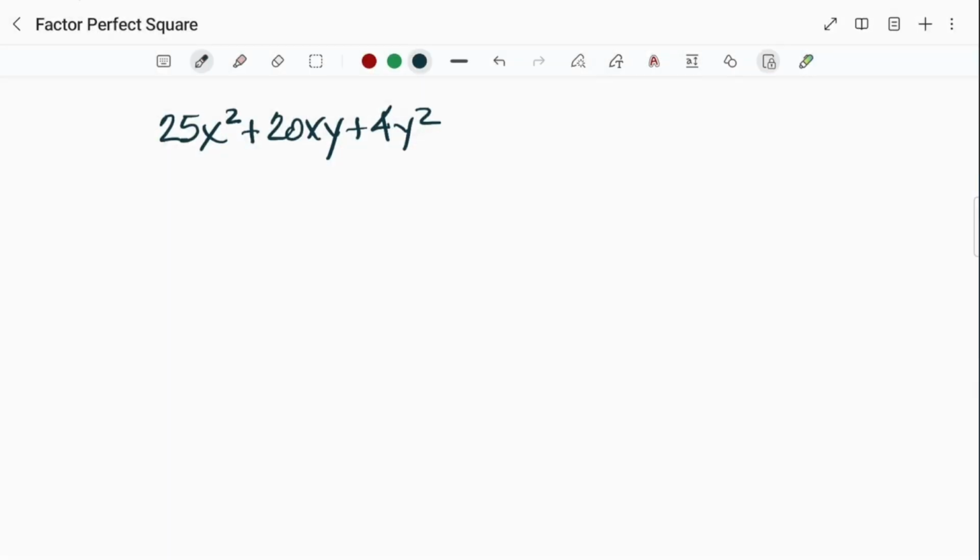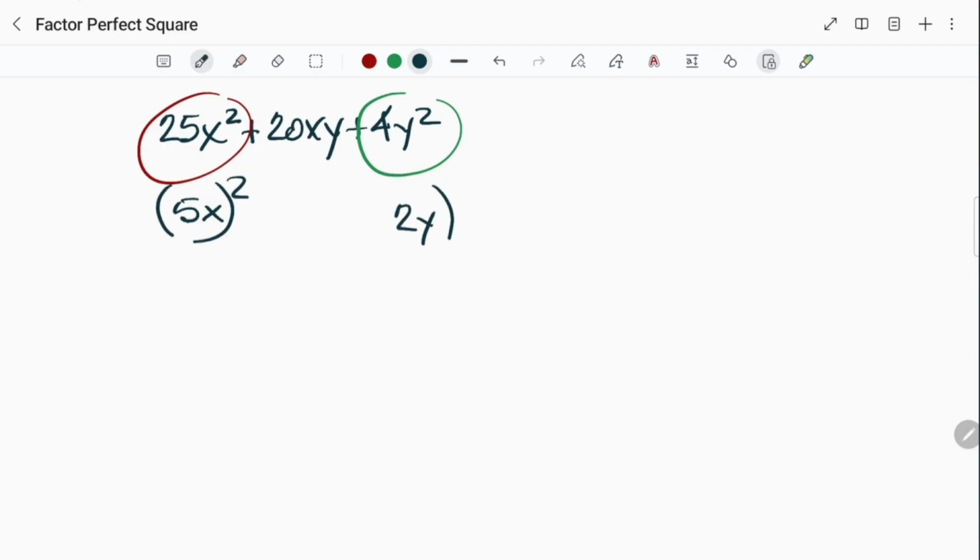The next exercise is another trinomial that has a coefficient of the x to the square different than 1. We can perhaps confuse it with the AC method, but if you check the first term and the last term, both you can transform into expressions of a quadratic term like 5x to the square and 2y to the square.